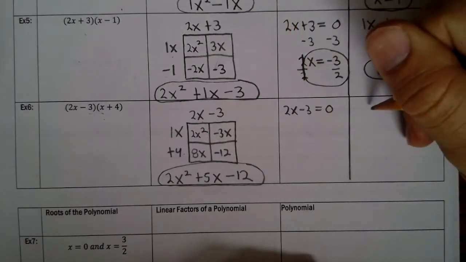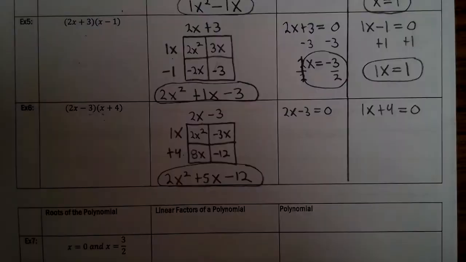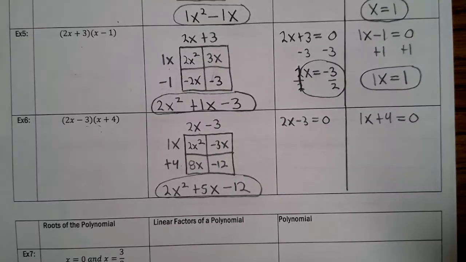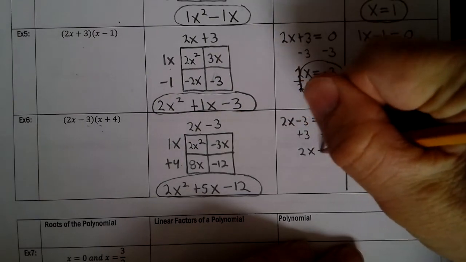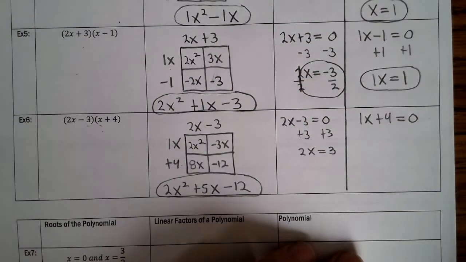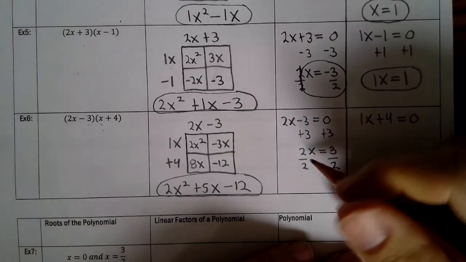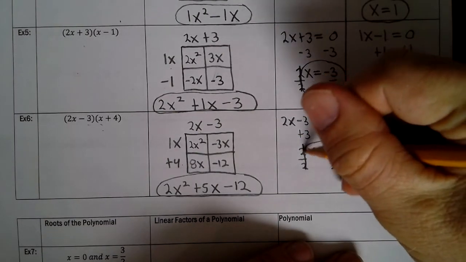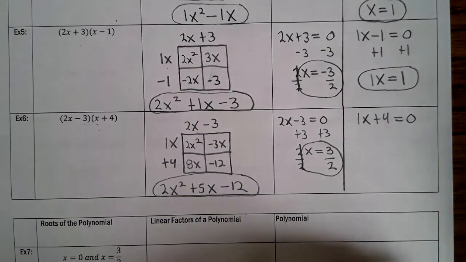So here, we add 3 to both sides. So you get 2x equals 3. Divide both sides by 2. 2 divided by 2 is 1, so you're left with x equals 3 divided by 2. Here we subtract 4 from both sides, so then 1x equals negative 4.